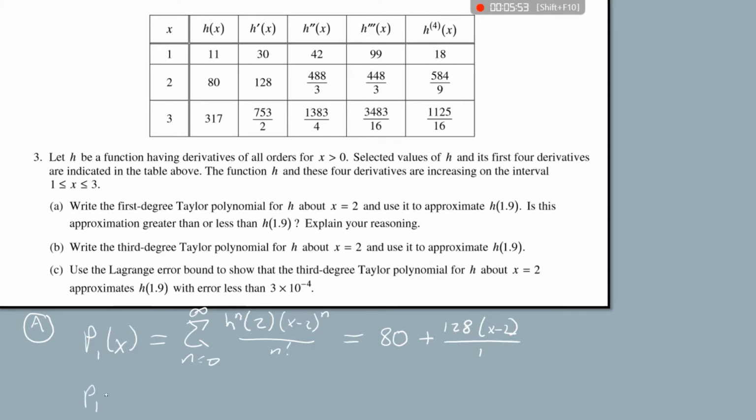So our Taylor polynomial approximation at 1.9 would be equal to 80 plus 128 times 1.9 minus 2, or 80 minus 12.8, that's 67.2.